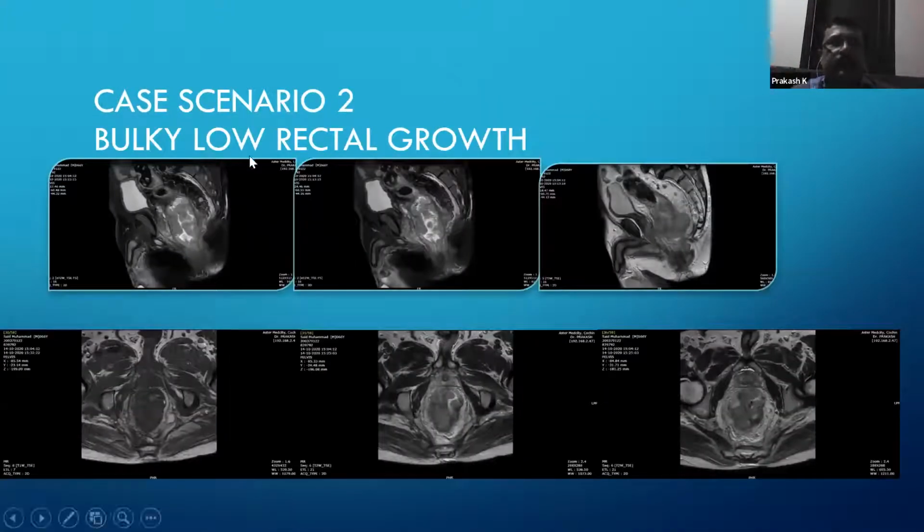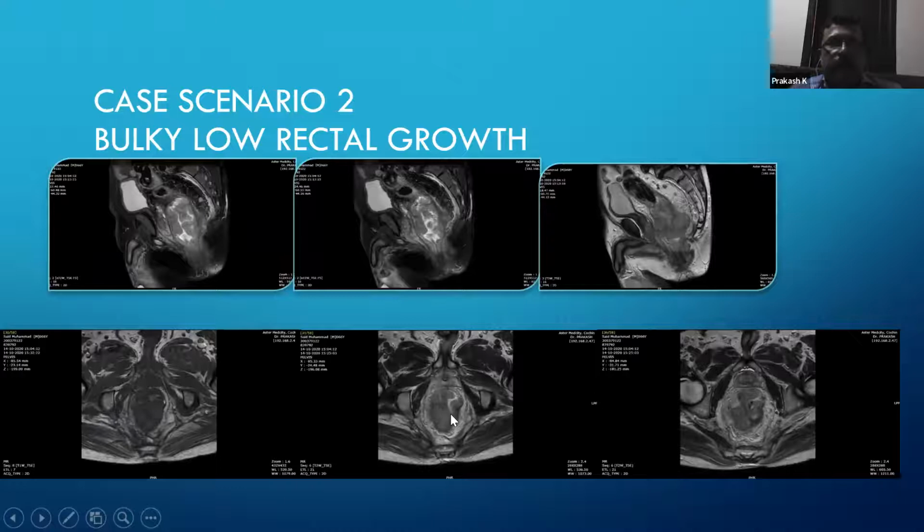But if it is a bulky disease, here you can see that the disease is quite bulky. It's involving and filling the rectum. But CRM, technically, when we discuss with the radiologist also, anteriorly it's close, but it's not involved. If you are very careful, you can still get away with the CRM.